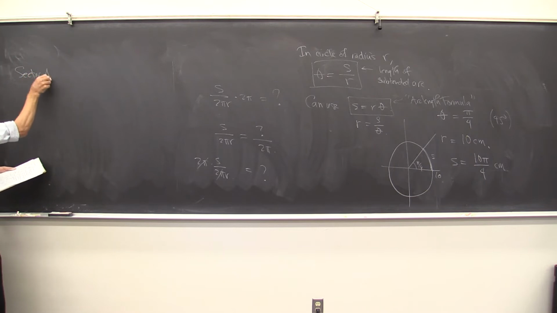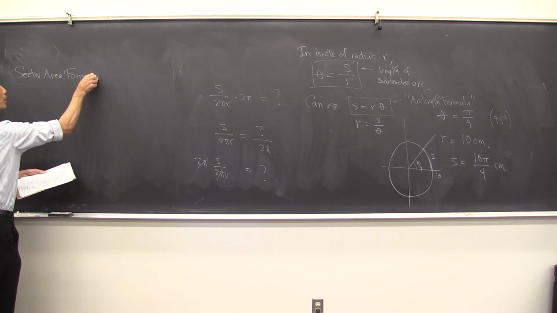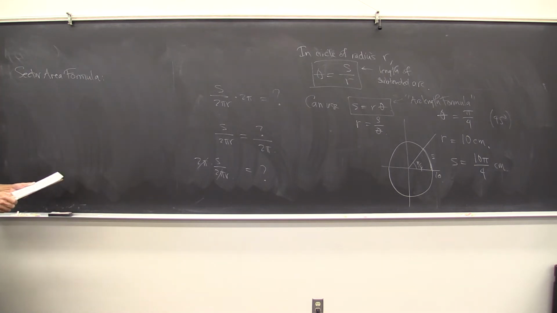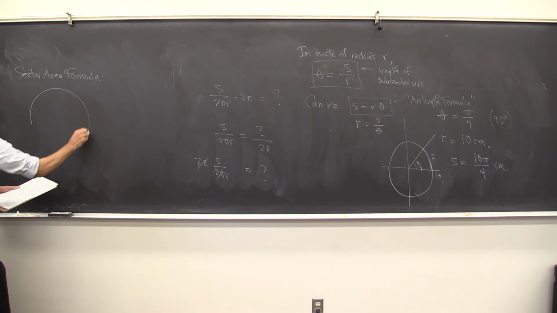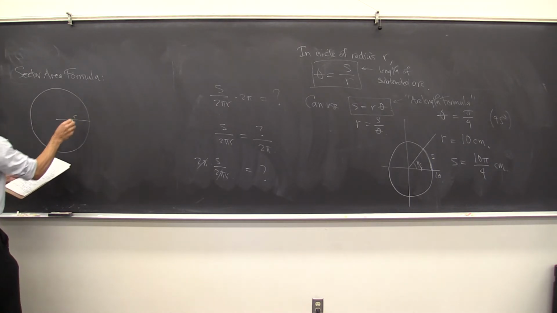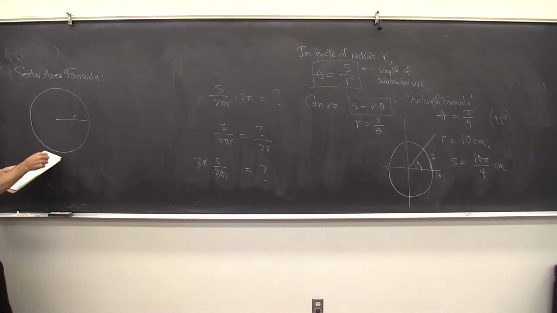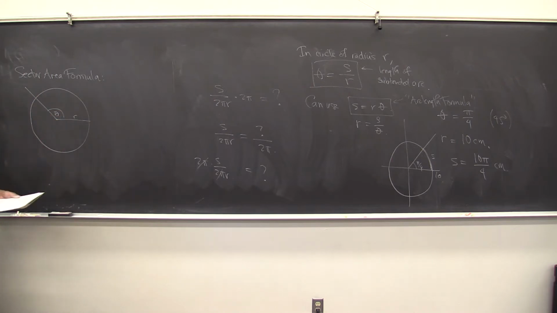Another formula introduced in the book is called the sector area formula. It says the following: suppose you have a circle of radius r, and an angle of theta radians.